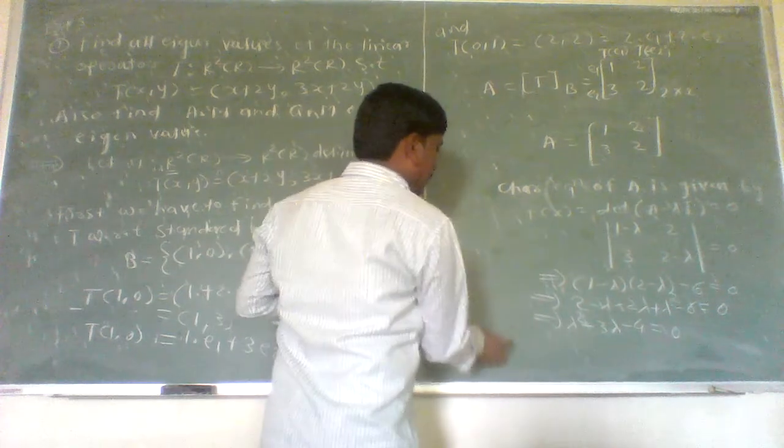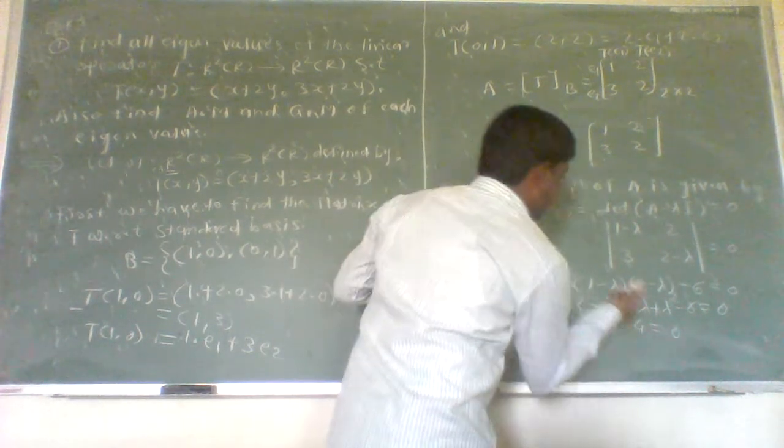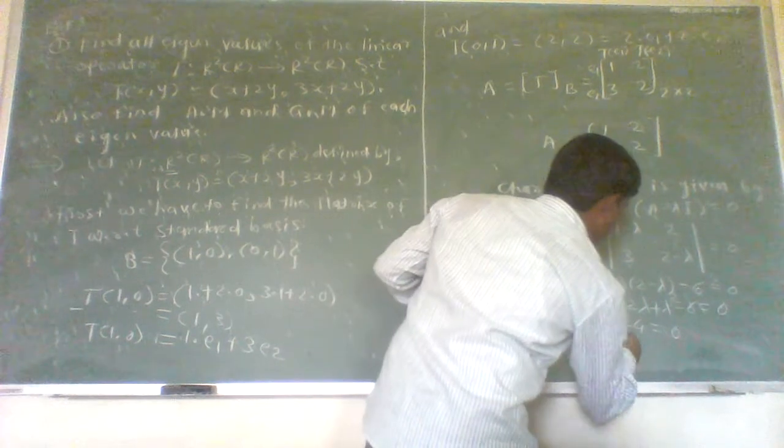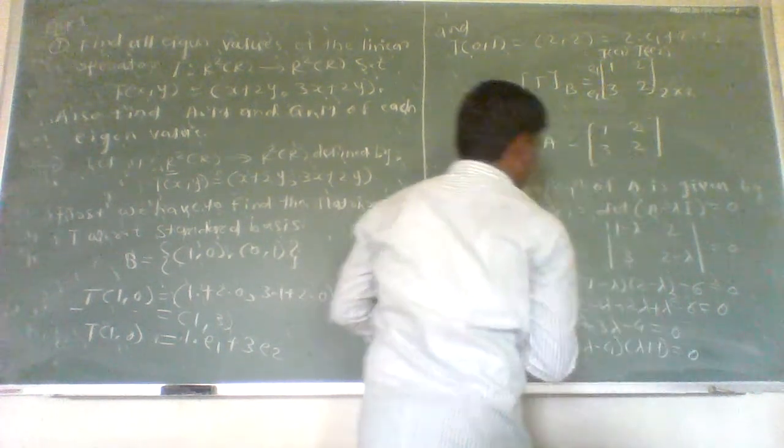So which is nothing but lambda minus 4 into lambda plus 1 will be equal to 0.